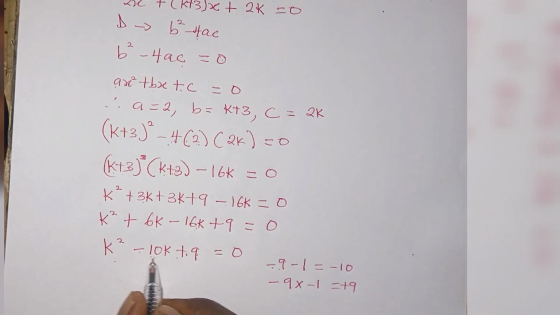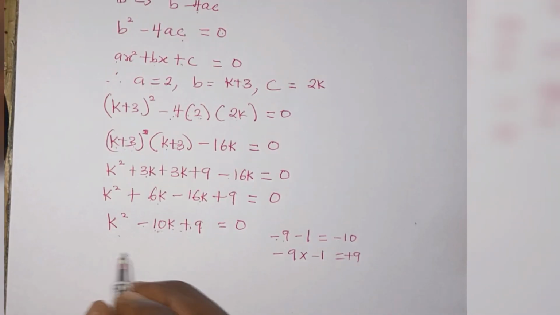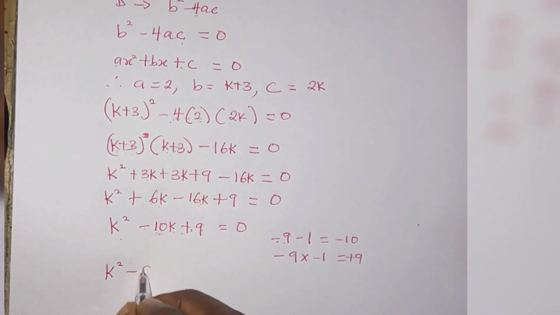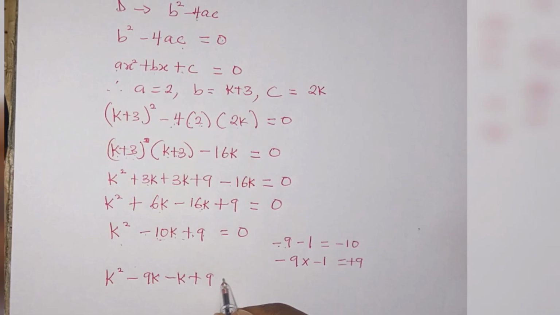So we can split -10k into -9k and -k. It will now be k² - 9k - k + 9 = 0.